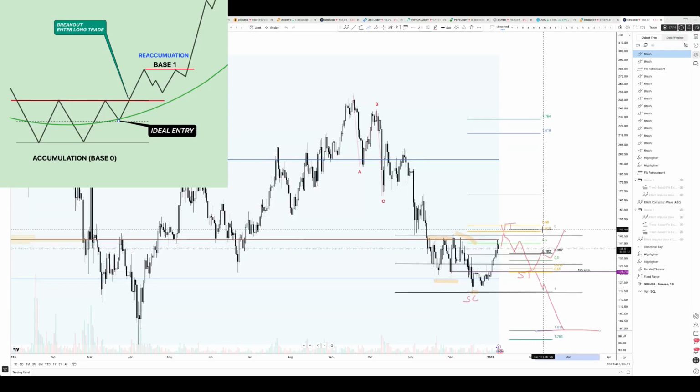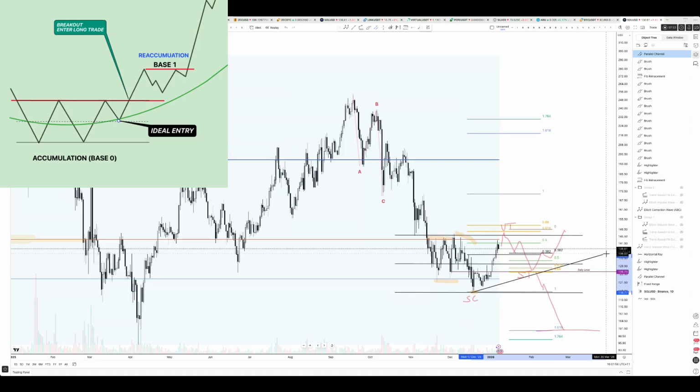Okay, based on this structure, well, if price comes up to there, and if we have that kind of scenario, we'll be looking for a channel to drop further down.